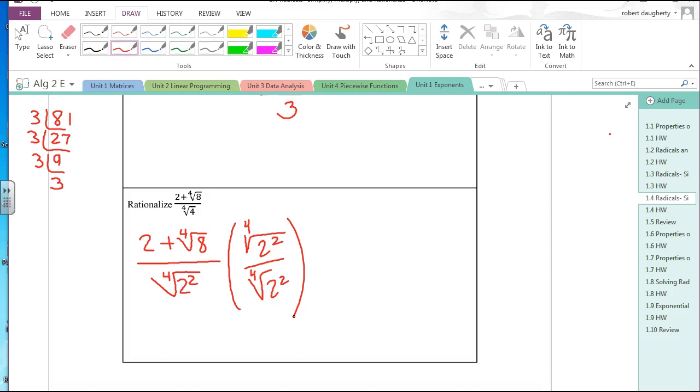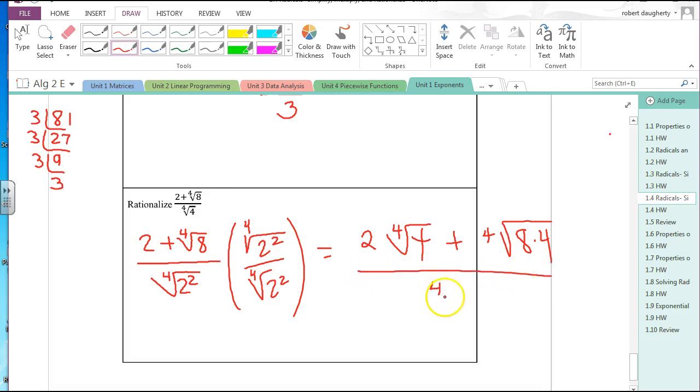So this is going to be, when I multiply the top, I get 2 times the 4th root of 4 plus the 4th root of, I'll have to see if I can simplify that. That's 8 times 4, right? 8 times 4 over the 4th root of 2 to the 4th, okay? You got 2 squared and 2 squared, that's 2 to the 4th.